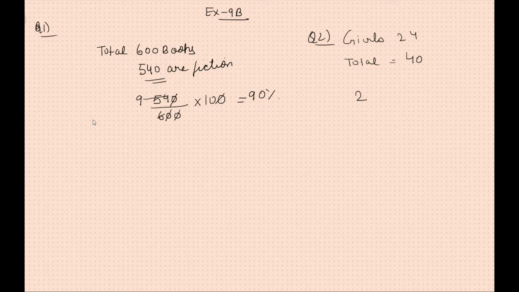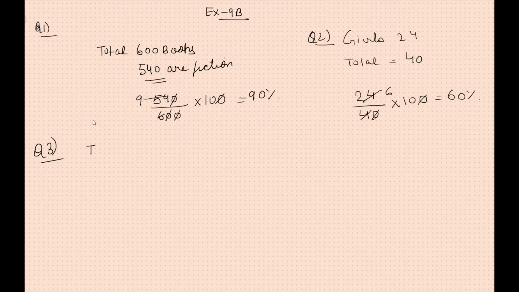Simply 24 divided by 40 into 100. So you will get 60%. Question 3, children. You have Nikhil bought 5400 books in a month and sold 4050 books.